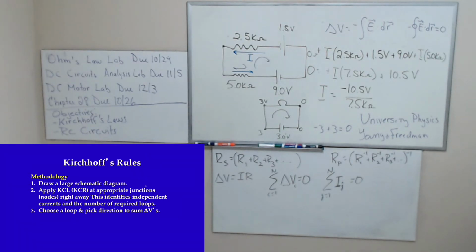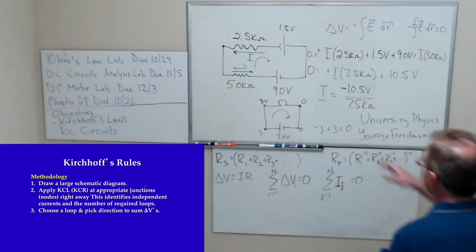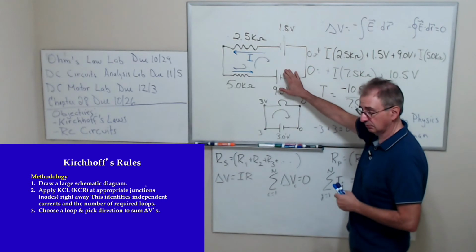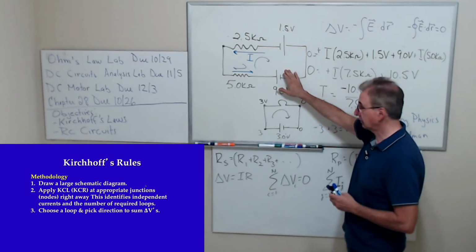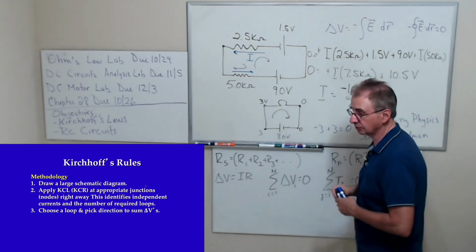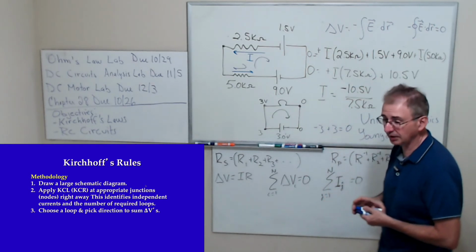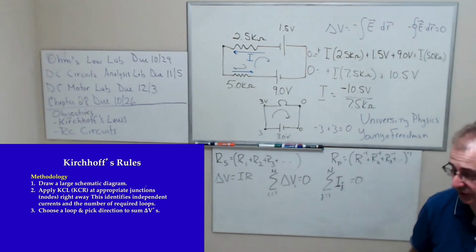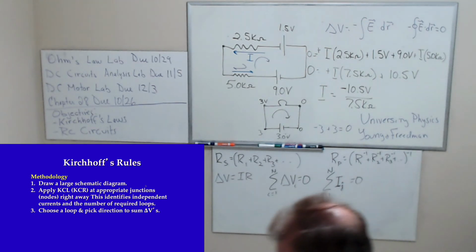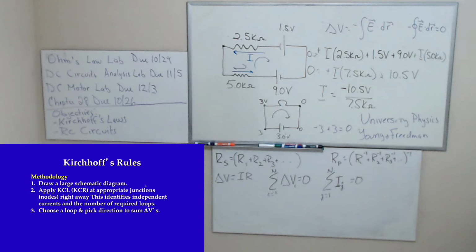Once you've applied the current rule, all you need to do is choose a loop, pick a direction to sum the delta V's like I did in this particular problem, and derive an equation for that loop. Then you pick another loop and repeat it. You choose as many loops as you have independent currents. I'll show you what I mean by that in a little bit.